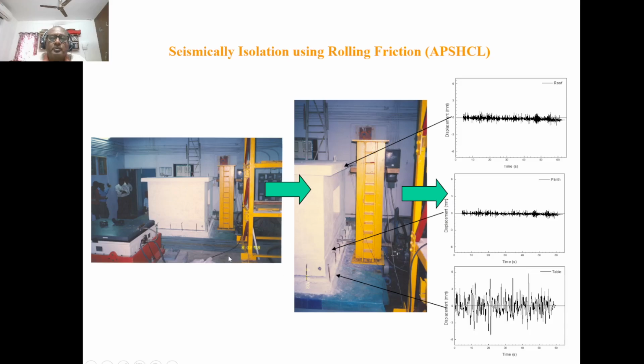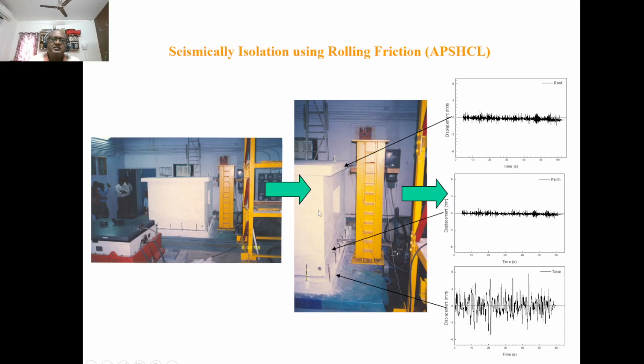And you will be surprised to see that even though the earthquake has large deformation, none of it is transmitted to the first ground floor and first floor, I mean, at the base as well as the top of the structural system. This picture shows you that even though the displacement is as high as 8 mm peak, we are getting only 0.1 mm, 0.2 mm like that because of various small things.